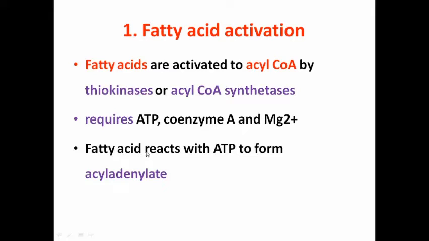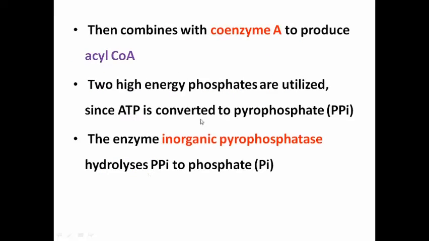The fatty acids react with ATP to form acyl adenylate. Then it combines with coenzyme A to produce acyl coenzyme A. In this activation, two high energy phosphates are utilized, so ATP is converted into pyrophosphate.